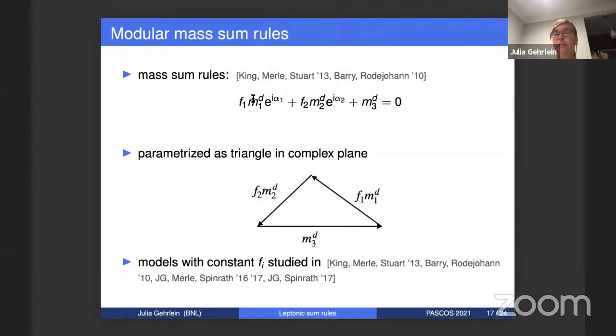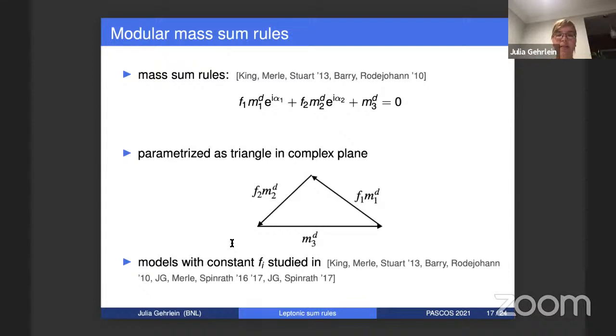Mass sum rules can be parameterized like this. So it's a coefficient f, an exponent of the complex mass, and then alpha 1, alpha 2 are the Majorana phases. We can visualize the sum rule as a triangle in the complex plane, and only if the triangle closes, the sum rule can be fulfilled.